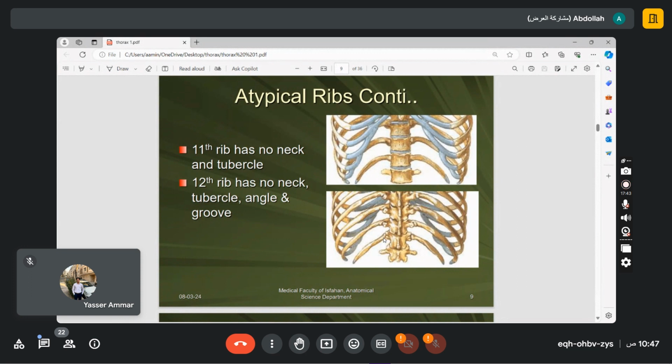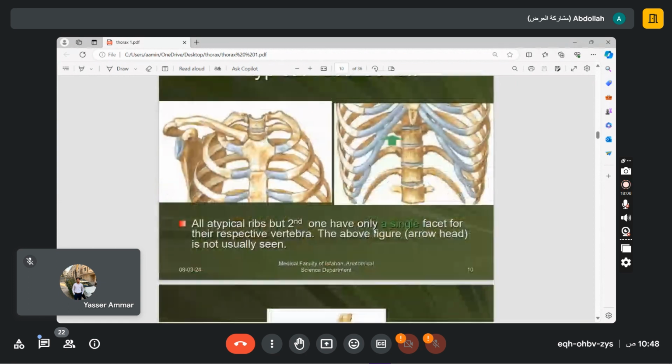It also doesn't have an angle and groove. So the 11th and 12th are atypical. Why? Because they have no neck and tubercle, and the 12th doesn't have a neck, tubercle, angle, or groove.